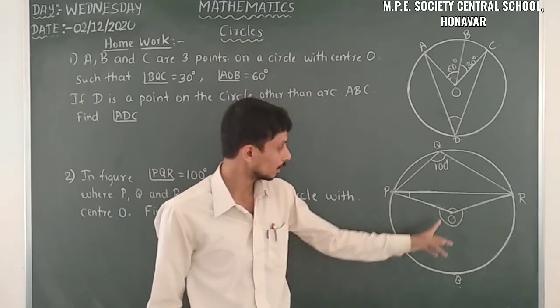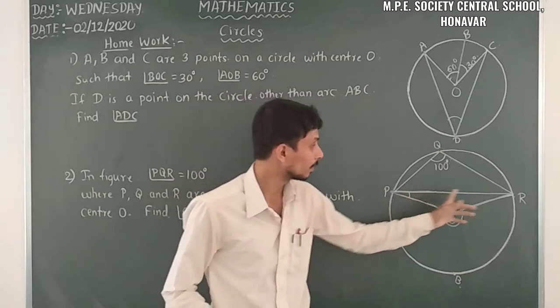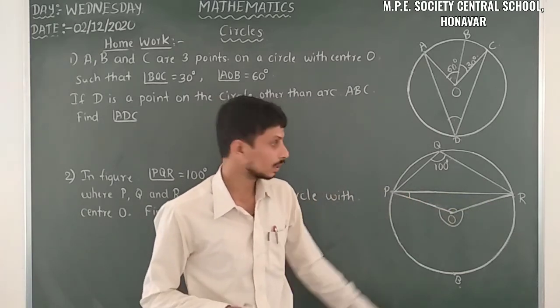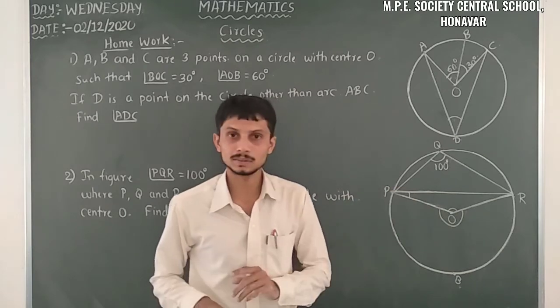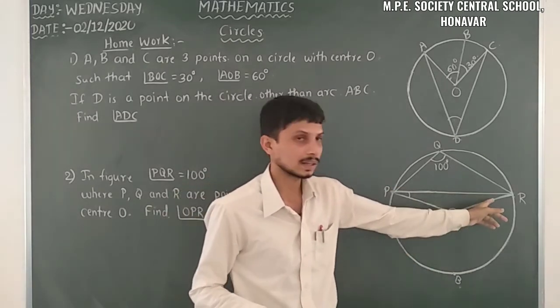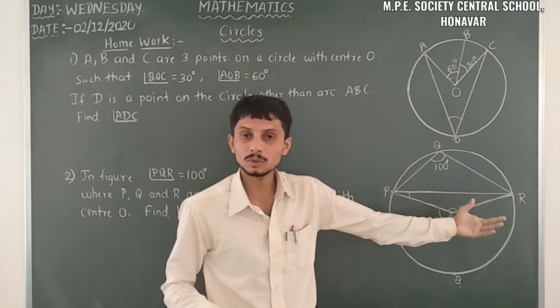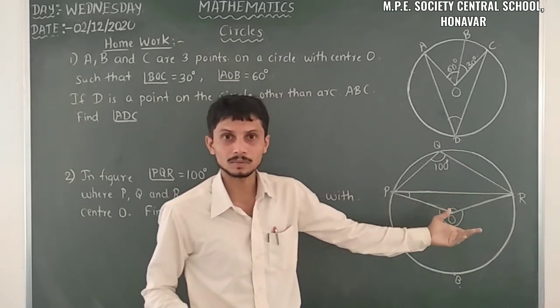So one part is solved. Here we have this angle, and we want the remaining two. But here it is not possible to take this angle, as there is no relationship between the angles, whatever angle we have.